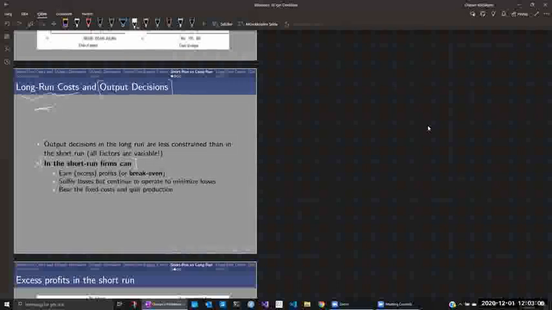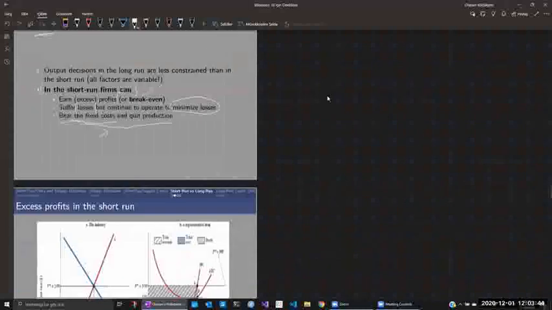In the short run, firms might have some positive profits, including zero profits, which we call the break-even point. Some firms might observe some losses, but they still might want to produce in the short run in order to minimize these losses. And some of the firms might find it optimal not to produce at all, but even if they don't produce, they still have to pay for the fixed cost, right? But how can we understand these situations?